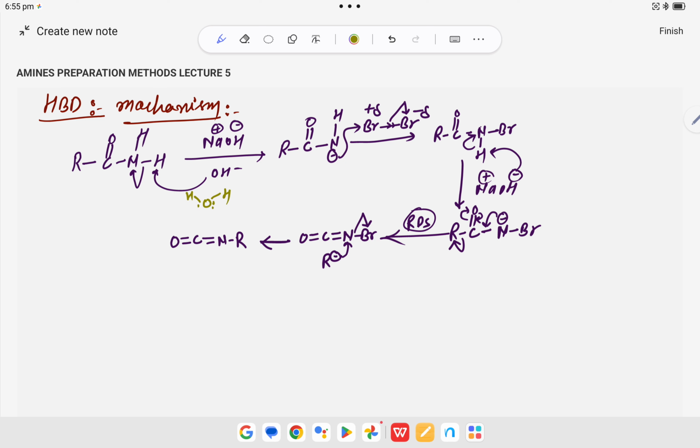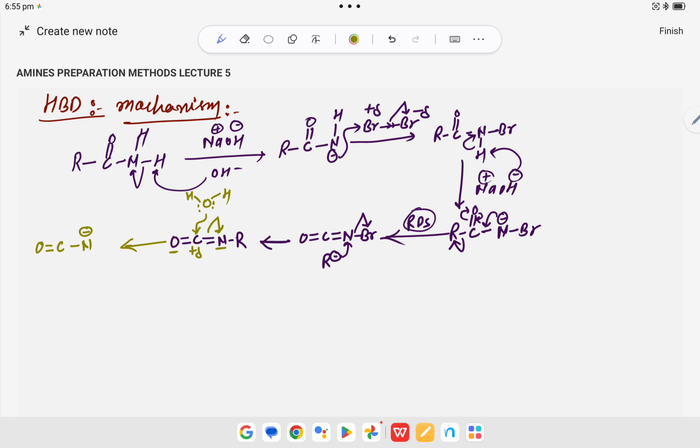In the next step, water will come. Oxygen has a lone pair. It will attach to the carbon because carbon has partial positive, with electronegative atoms attached on both sides. Then oxygen double bond carbon, and the pi electrons shift onto the nitrogen.